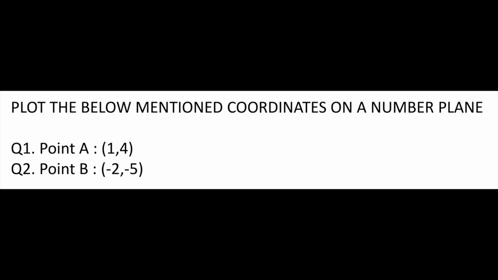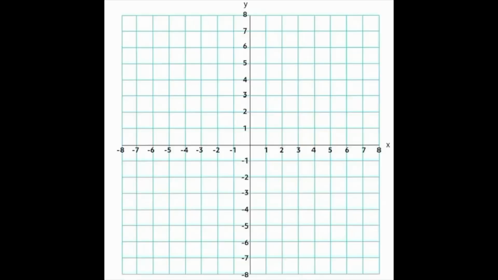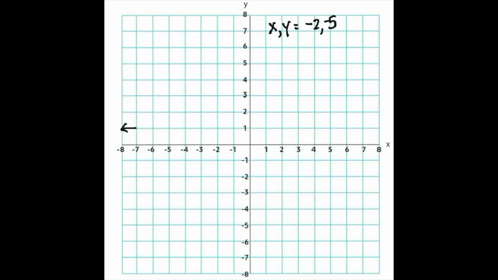Now let's solve the second question, which is point B, (-2, -5). So this is on the negative side of the x and y coordinates. This is a little bit of a different kind of question. So let's try this. Now let's plot (x, y) equal to (-2, -5). So this is the x-axis negative side. Let's find out where is -2.